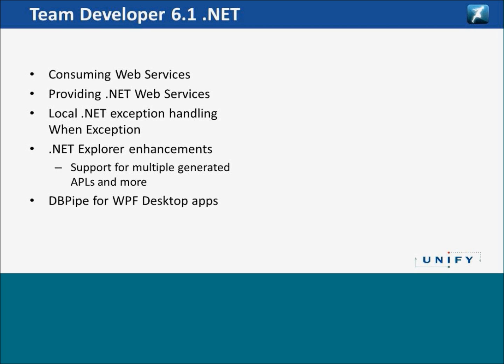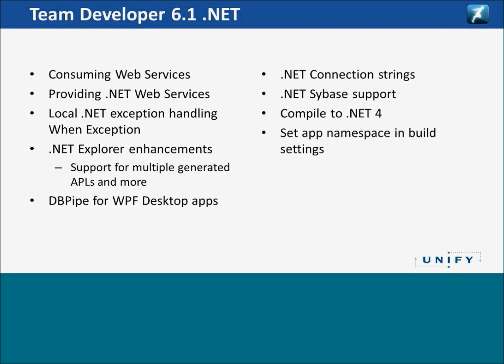DBPipe is, in my view, a very special industry-first technology coming from Unify that you might be looking to use. I will demo that later, which is a kind of favorite baby of mine. You can use .NET connection strings to connect to databases now. We have Sybase support built into .NET, and you can compile to .NET 4.